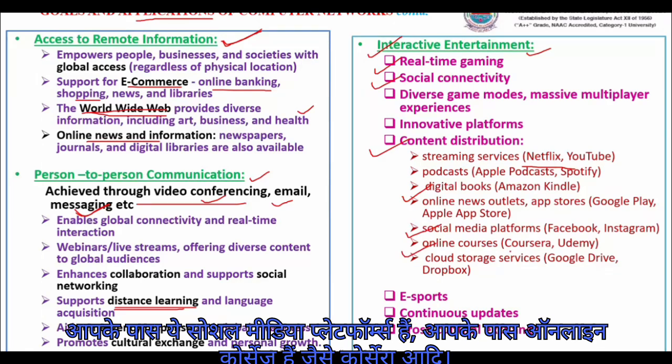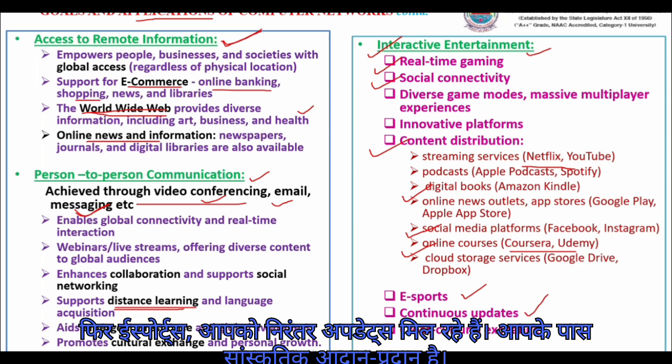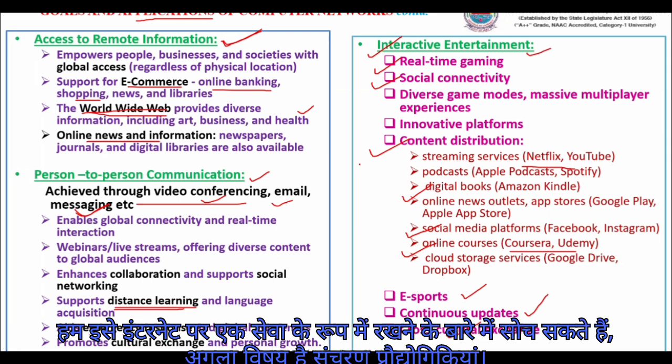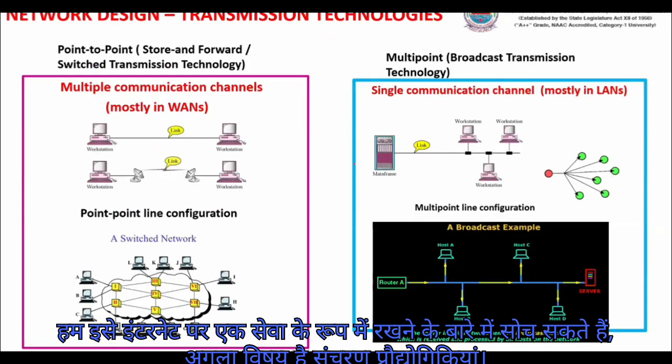You have these social media platforms. You have online courses like Coursera, Udemy, etc. Then esports, you are getting continuous updates. You have cross-cultural exchange. Whatever we can think of nowadays, we are having it on the internet as a service.